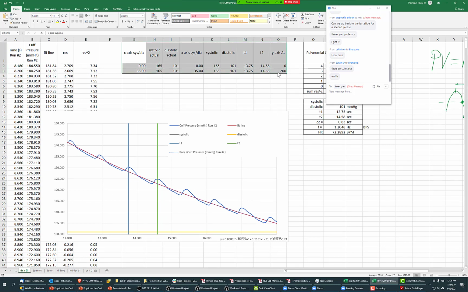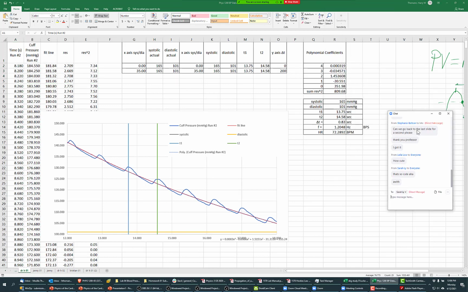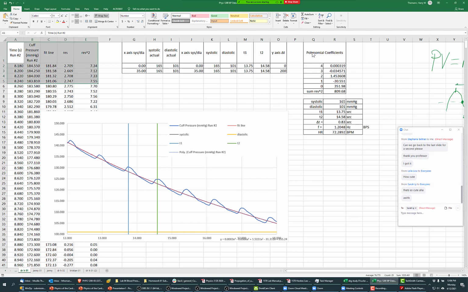So there are the vertical and horizontal lines. And then you just give a sampling of the data. And then the fit parameters, and this is the horizontal and vertical line parameters.